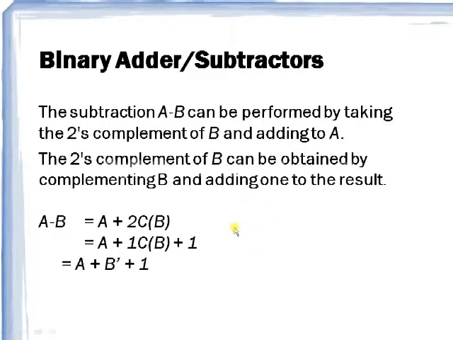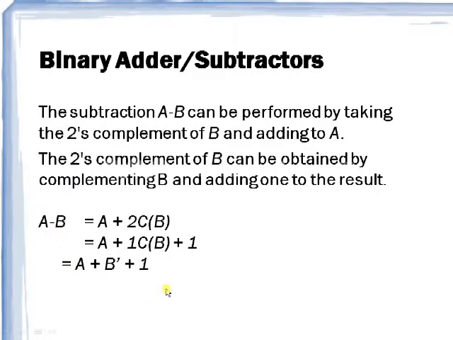Let us see here, A minus B are two operands. So A plus 2's complement of B, which is nothing but A plus 1's complement of B plus 1, that is A plus B complement plus 1. Now if you perform this, then you'll get the subtraction result.